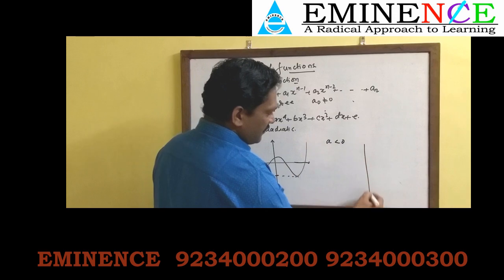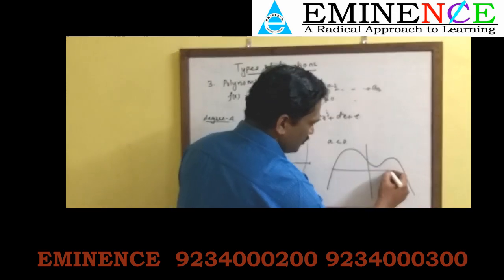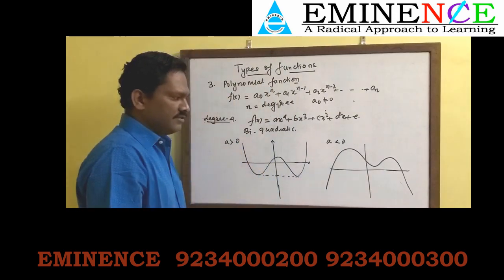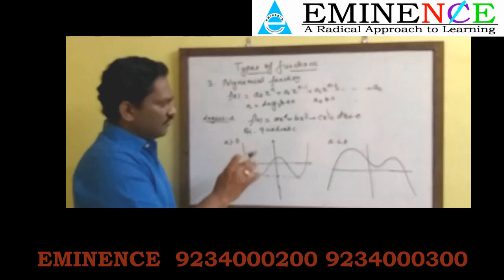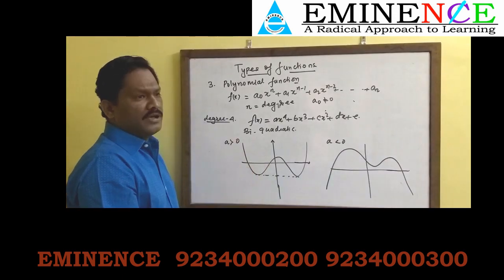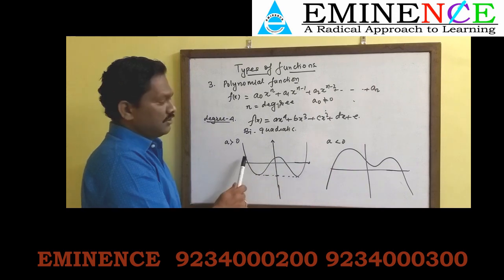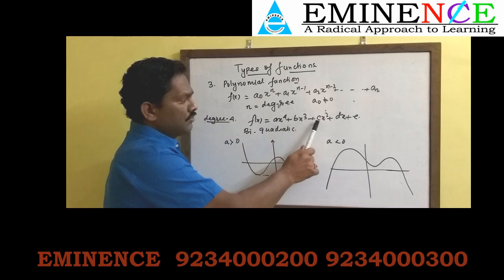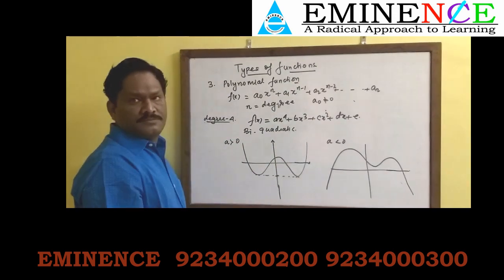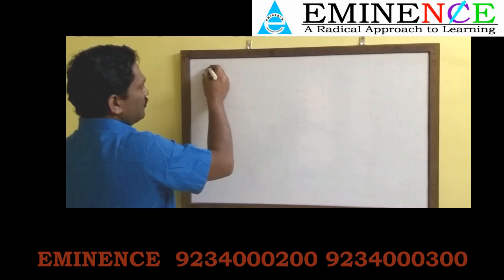If a is negative, then generally a fourth degree polynomial forms a shape like this. So this is what the basic nature will look like. Depending on the degree, there will be subtle variations which you have to see depending on the coefficients a, b, c, d, e.